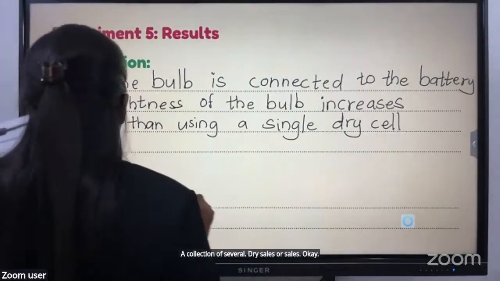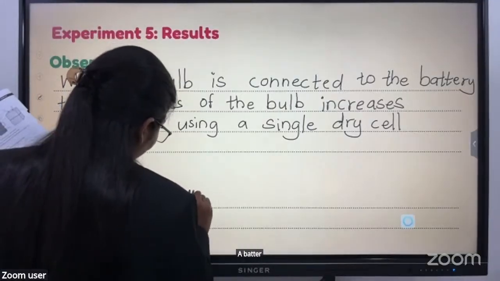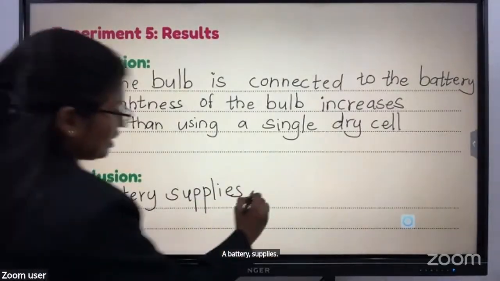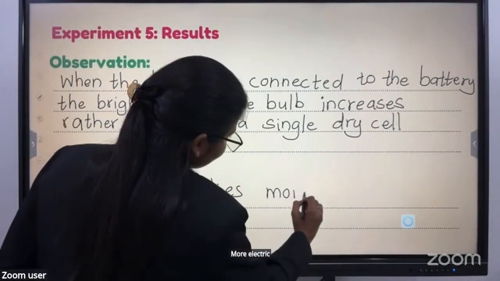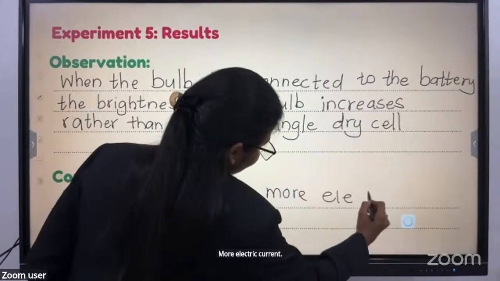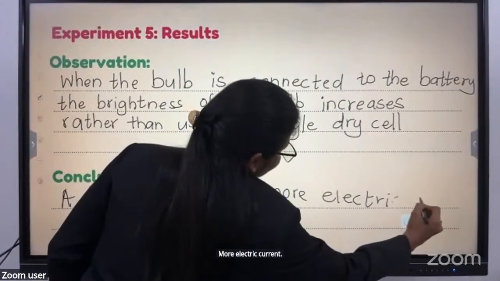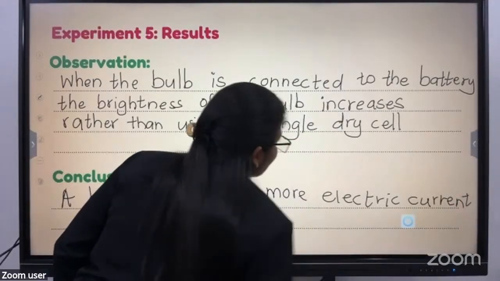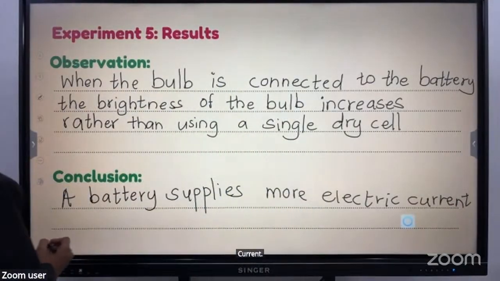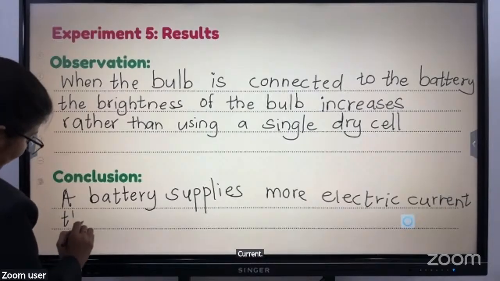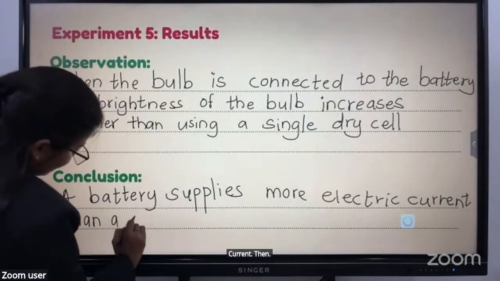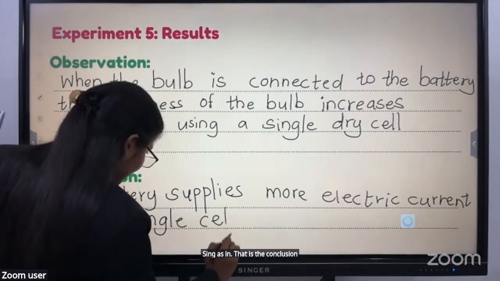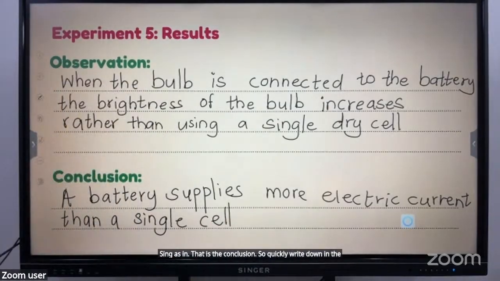Okay, a battery supplies more electric current than a single cell. That is the conclusion. So quickly write down in page number 23.